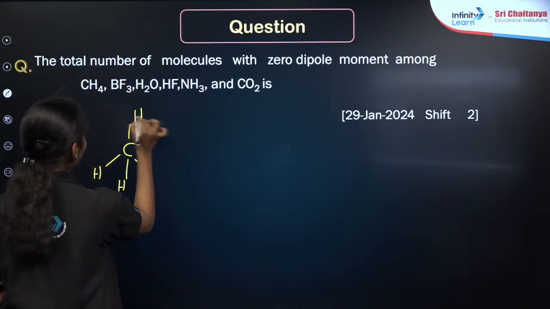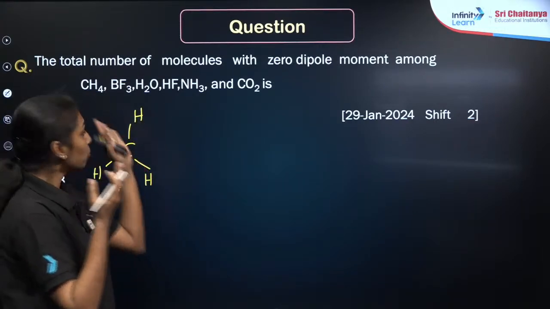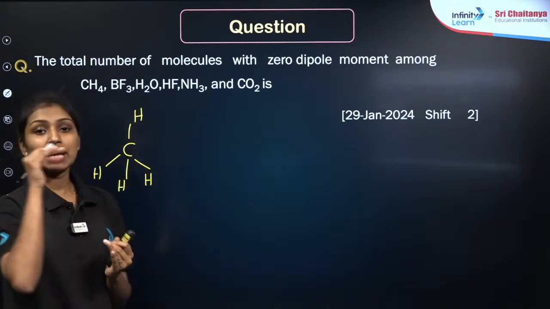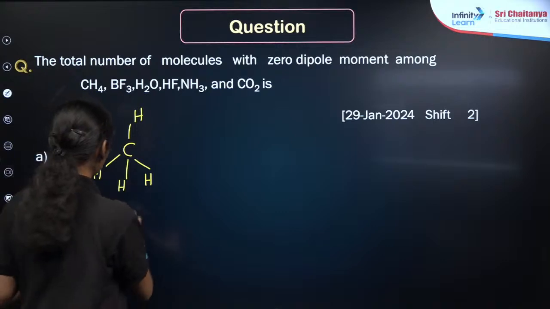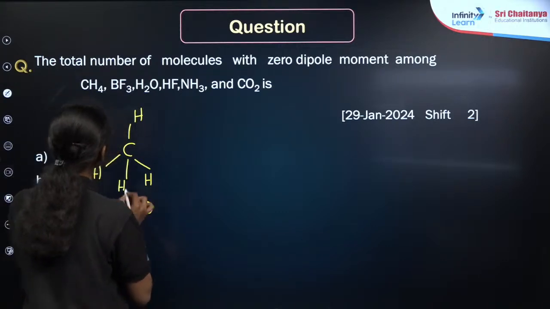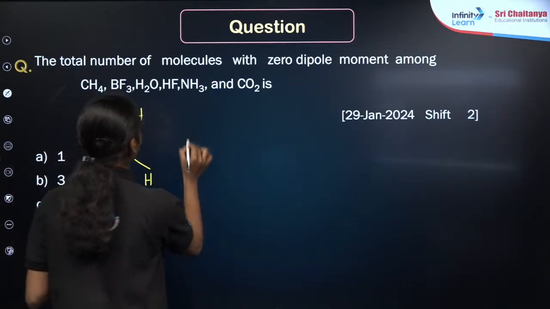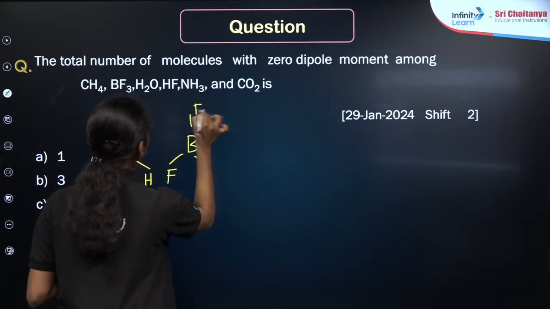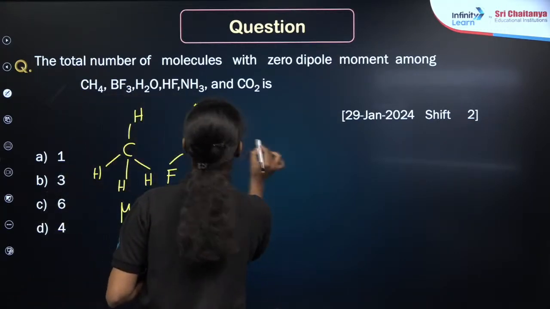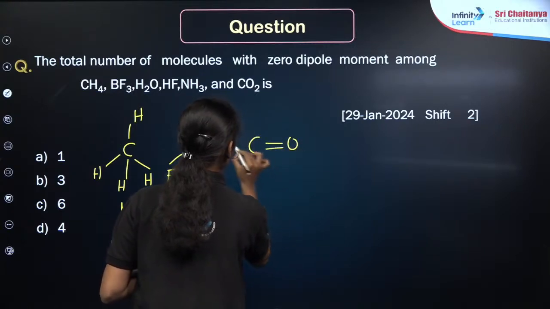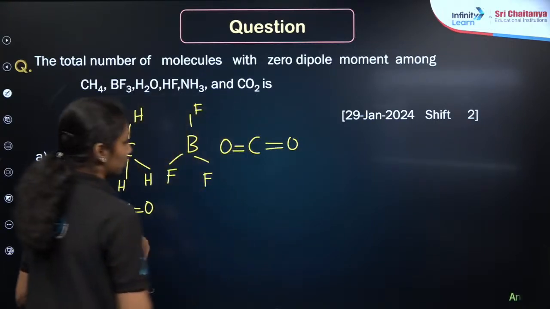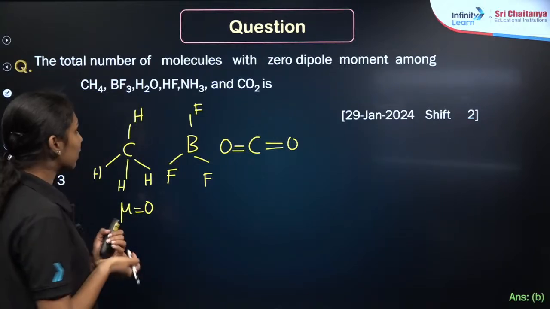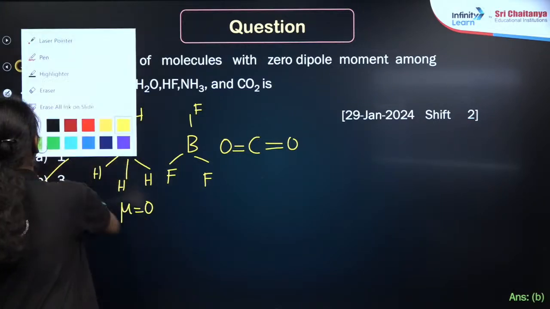First you have to identify how many of the molecules have a symmetrical structure, right? Those having symmetrical structure, their dipole moments can cancel each other, which means they have a dipole moment of 0. So I am taking here CH4, then BF3, right? How we can represent the dipole moment?